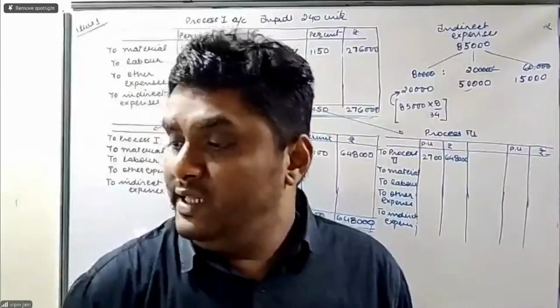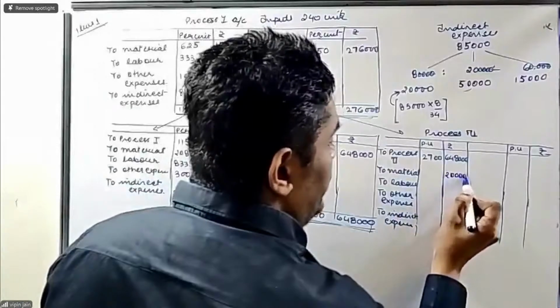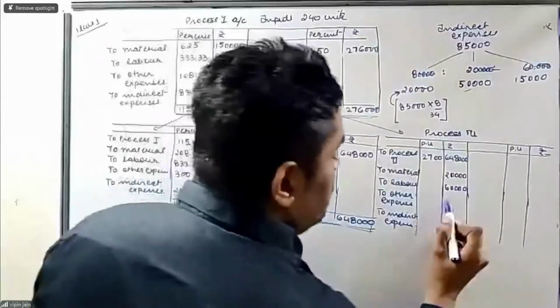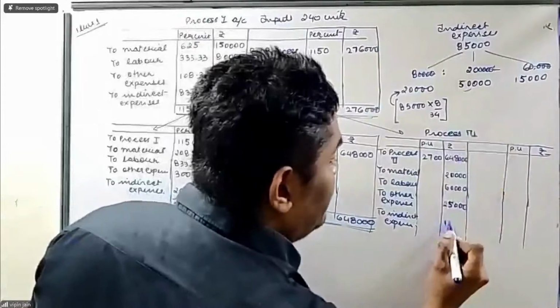And it is given 20,000, 60,000, 25,000. So 20,000, 60,000, 25,000, and 15,000.